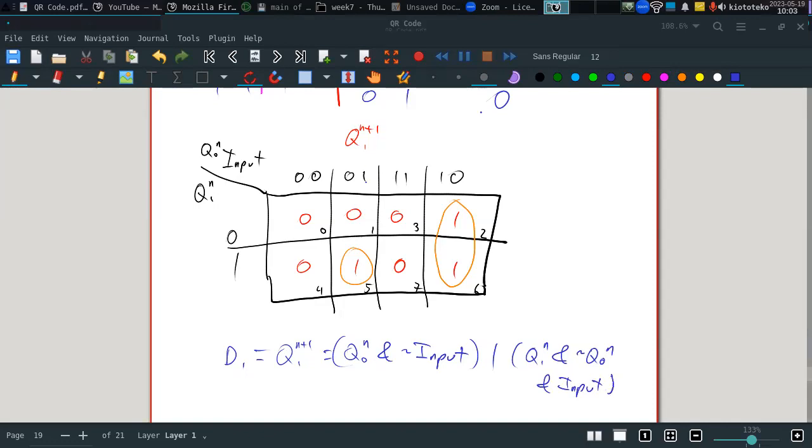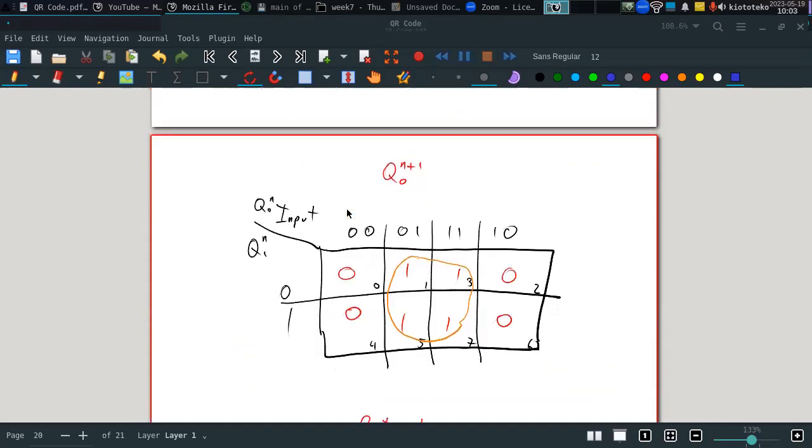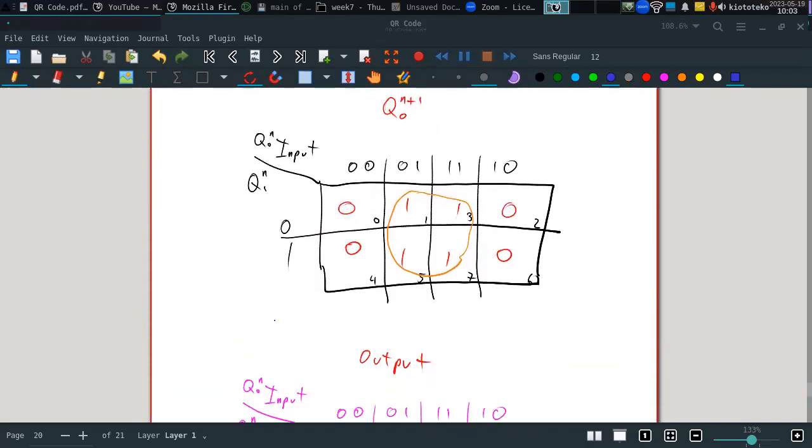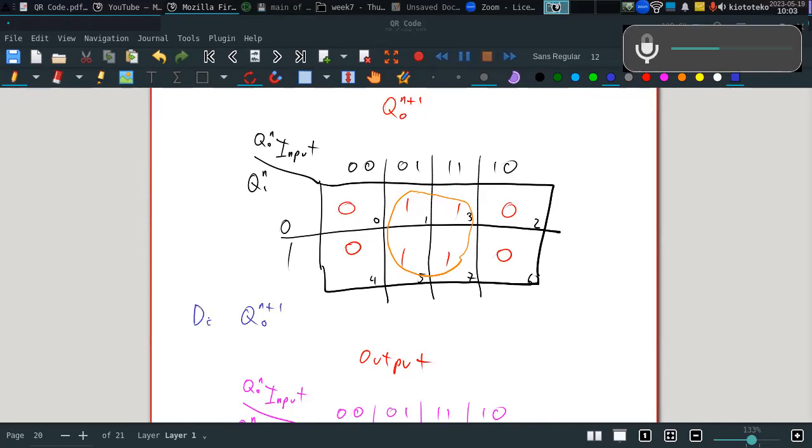Yeah, no? Let me just check. Q0 and not input, Q1 and not Q0 and input. Yeah. Okay.